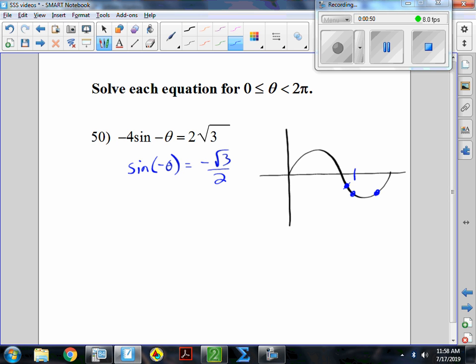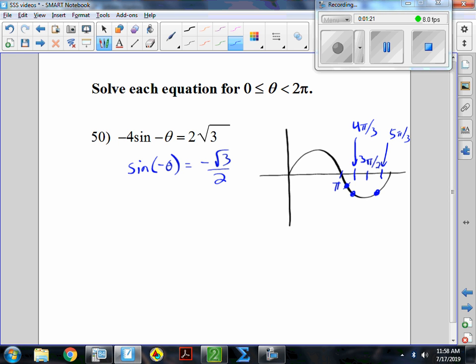So if this is pi, this is pi/2, then in quadrant, sorry, 3 pi/2, in quadrant 3, between pi and 3 pi/2, this first one's going to be 4 pi/3. This second one's going to be 5 pi/3.